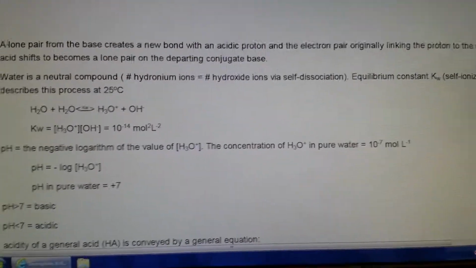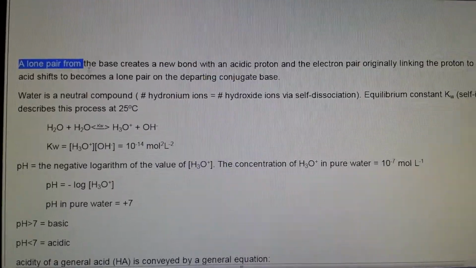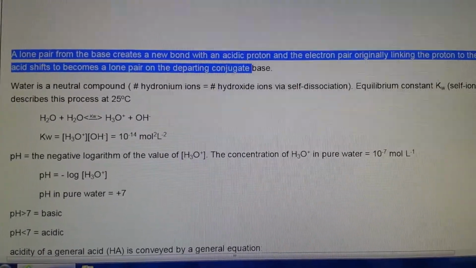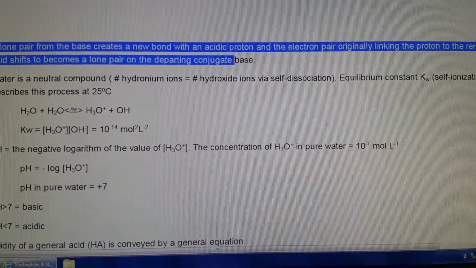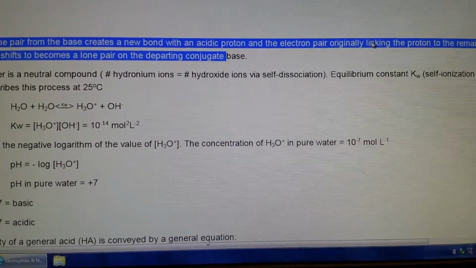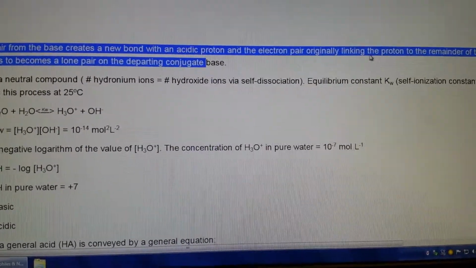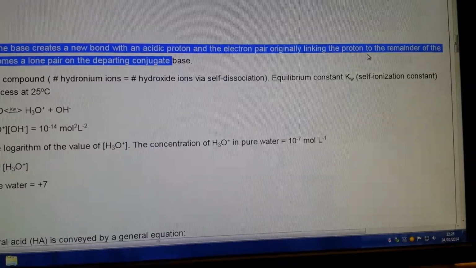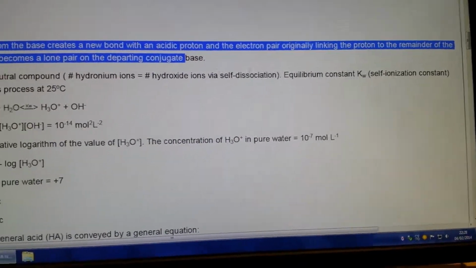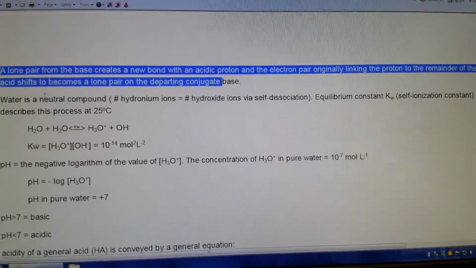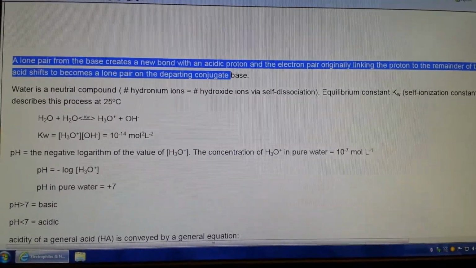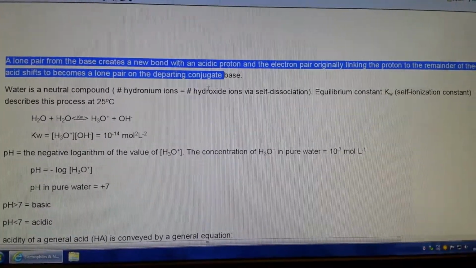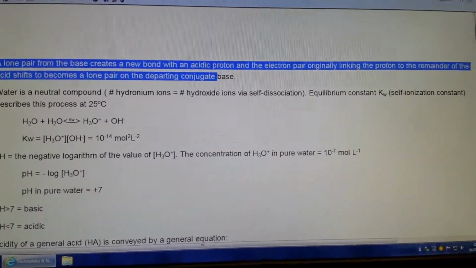A lone pair from the base creates a new bond with an acidic proton, and the electron pair originally linking the proton to the remainder of the acid shifts to become a lone pair on the departing conjugate base. I will explain this one.